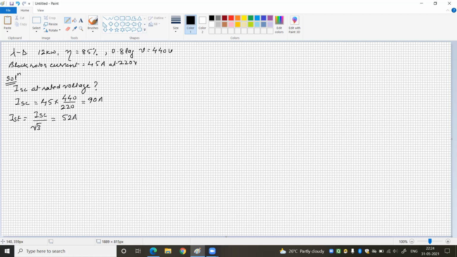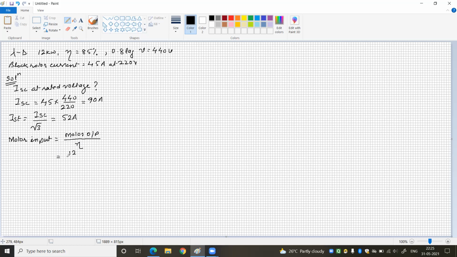Okay, now this is given. Now we want to calculate the full load current. Here the motor output is 12 kilowatt, whereas the efficiency is 85%. So the motor input is equal to the motor output, which is the nameplate reading, divided by the efficiency of the motor.